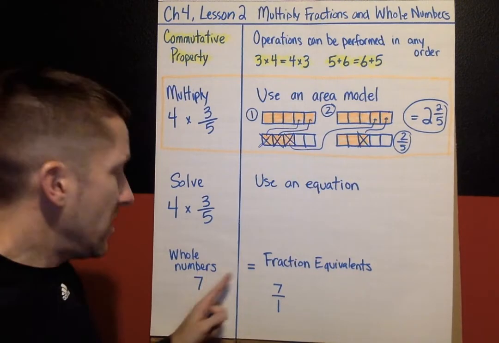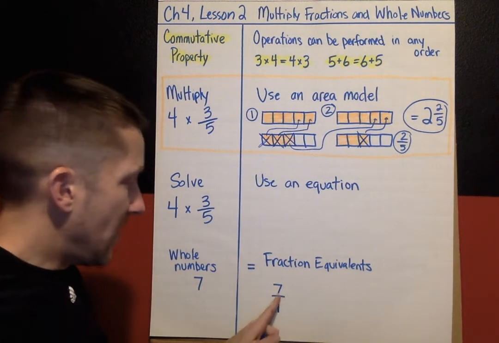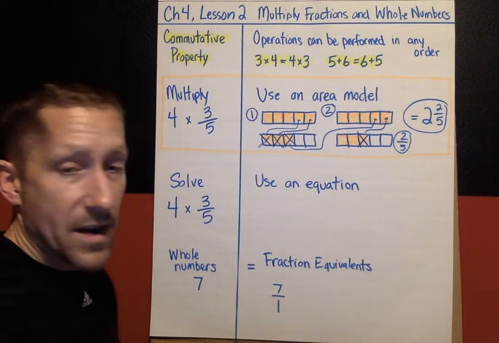Anytime you have a whole number, you can write it as a fraction equivalent by putting that number over 1.